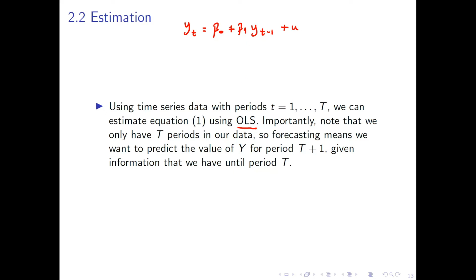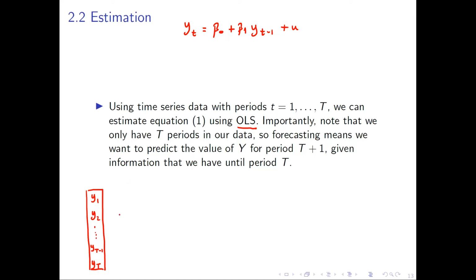And the mechanics of it is that you have this data, and you have the value for the first period, the value for the second period, and so on up to time t minus 1, and you have in total capital T data points, right?